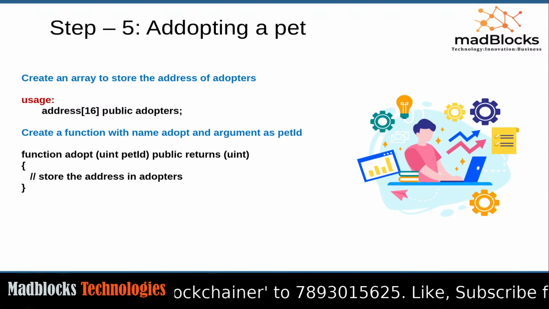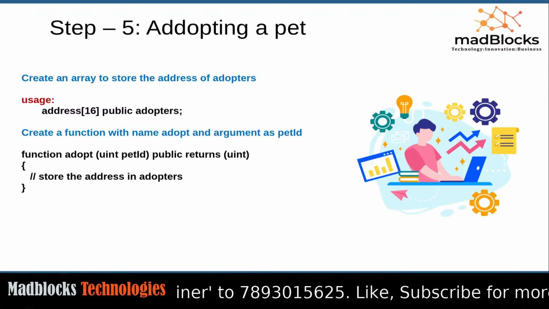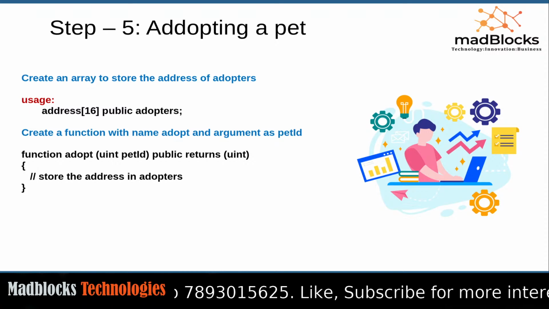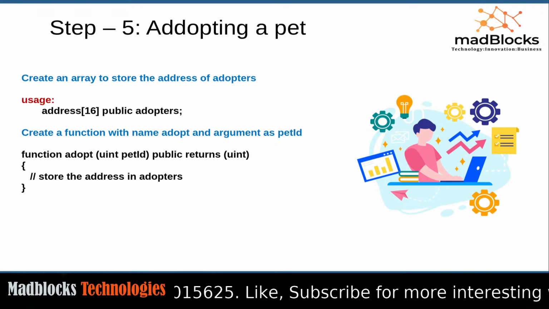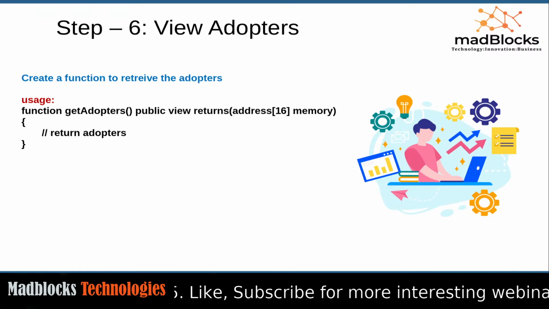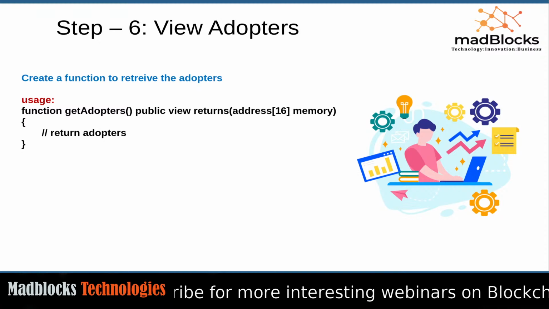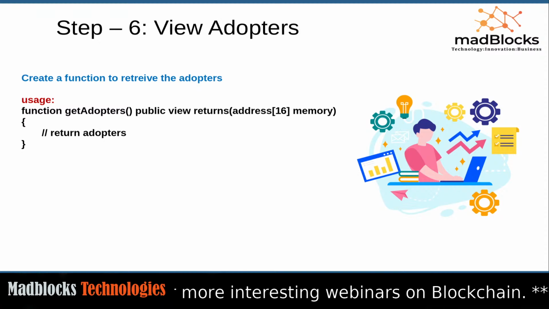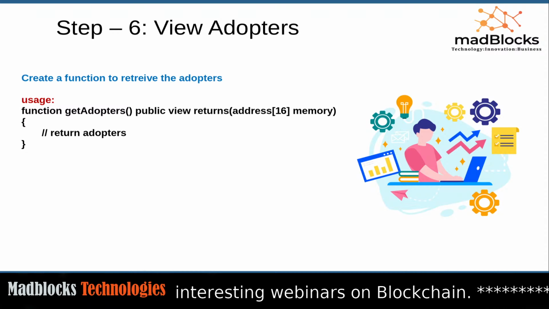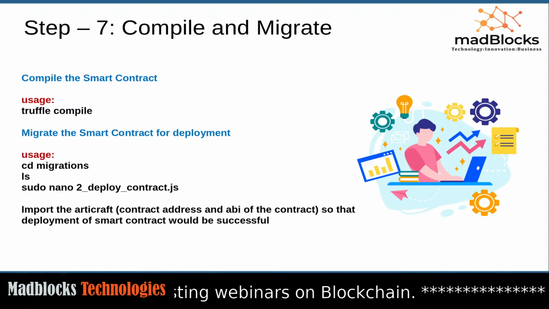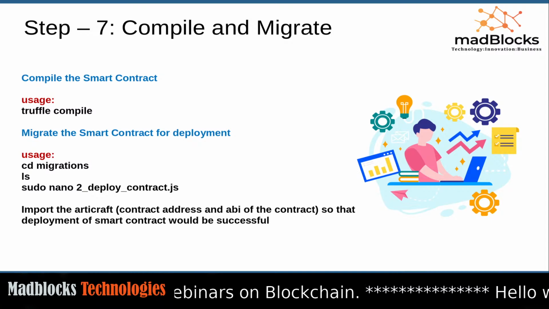Here we have to create an array and we have to create a function called adopt, and we have to store that address in adapters. If you want to view who has acquired them, you can call this function. When you call this function, immediately you can get all the details of the pets who adopted them.